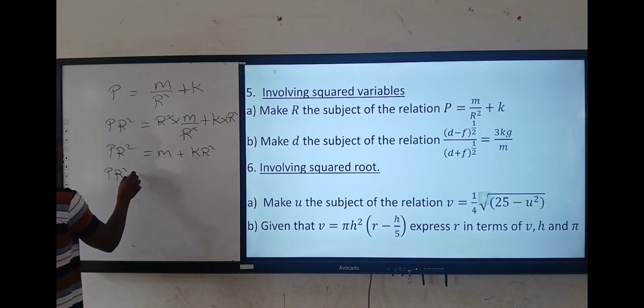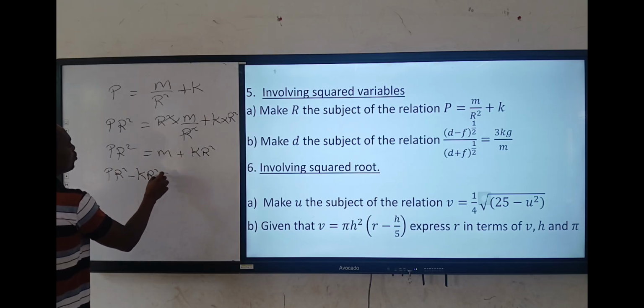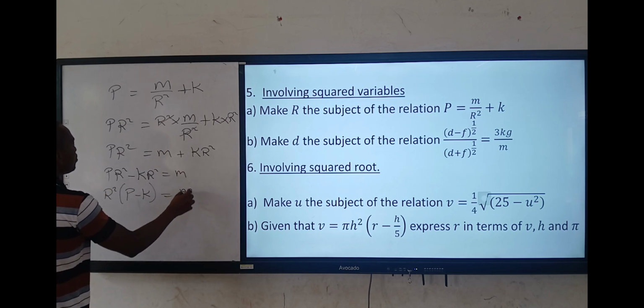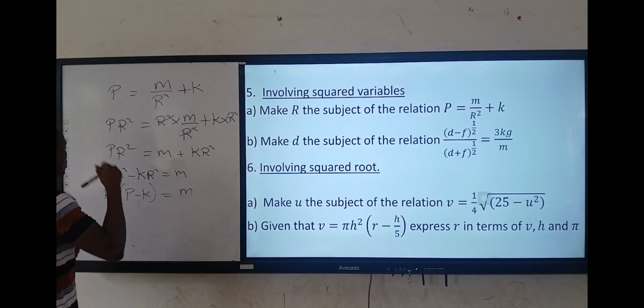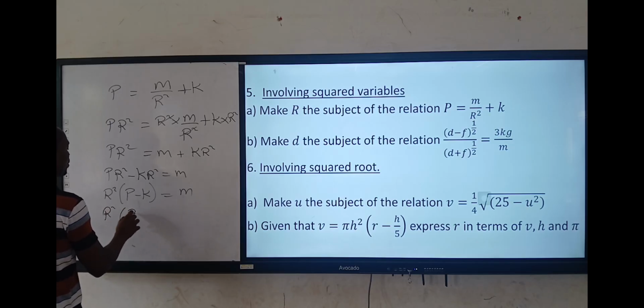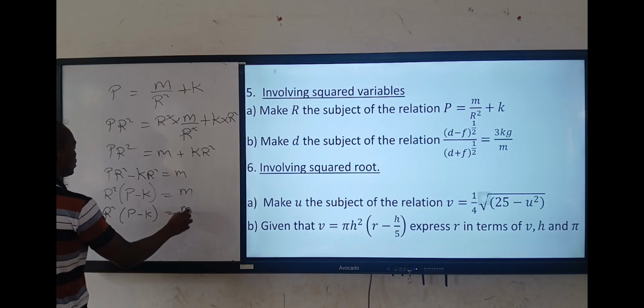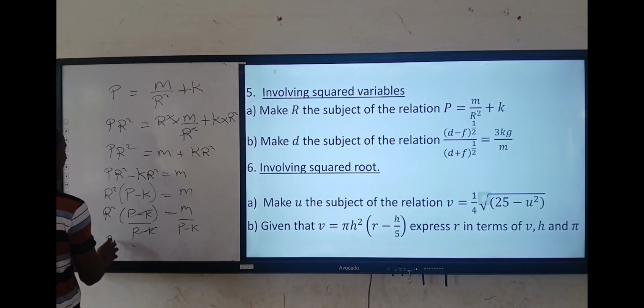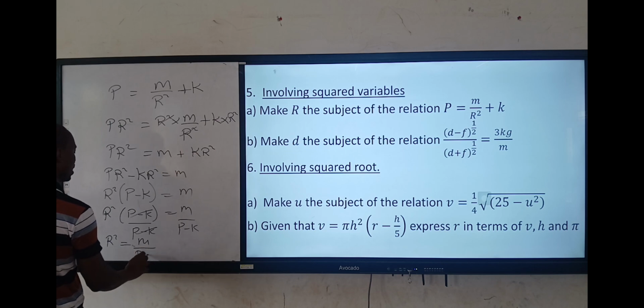So P R squared minus K R squared equal to M. So we factor R squared out, leaving P minus K in, equal to M. So since we want the R, we divide both sides by the P minus K. This will cancel that, leaving R squared equal to M over P minus K.